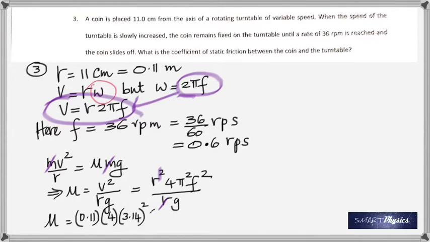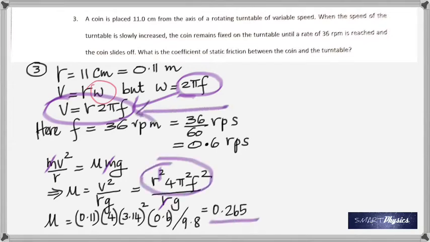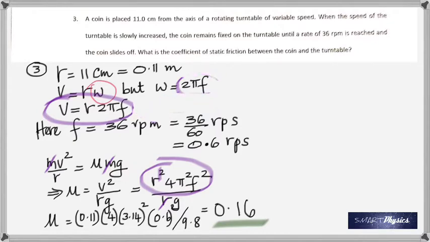On plugging in the numbers and calculating, you get 0.265 as, oh, hold on, it's 0.16. That was a calculation mistake. It's 0.16. That is the coefficient of friction.